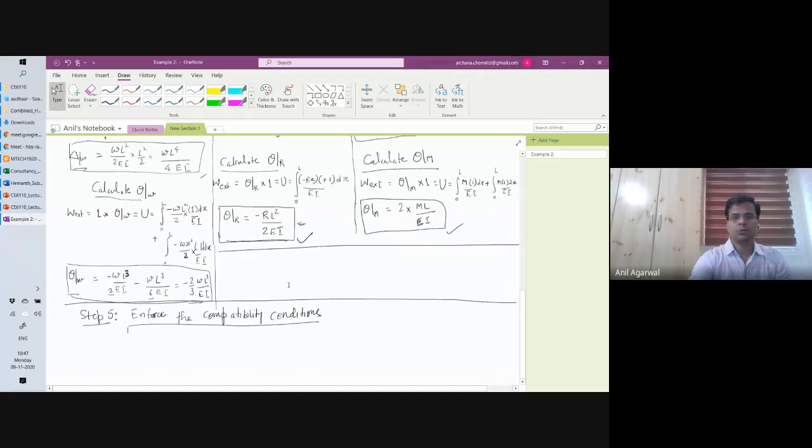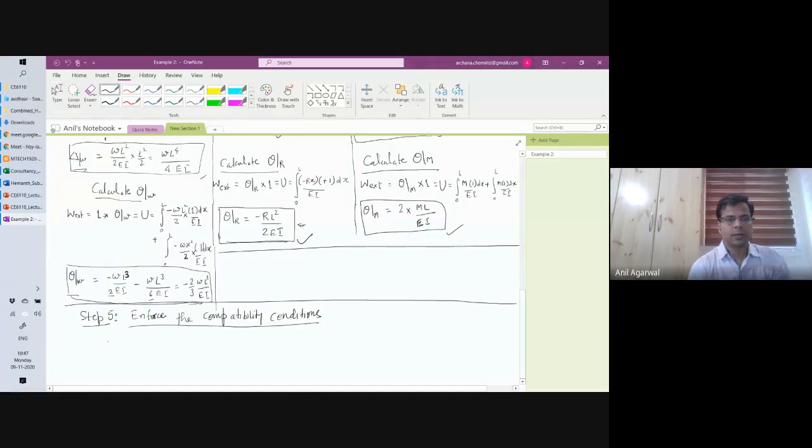Basically, I have to make sure that total delta because of W plus delta because of R plus delta because of M is equal to 0, and so is the theta.